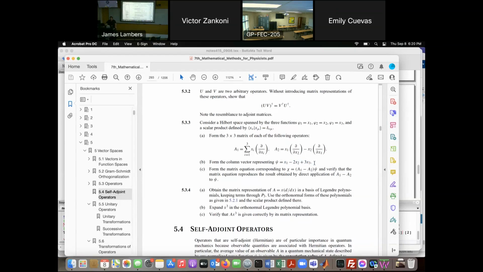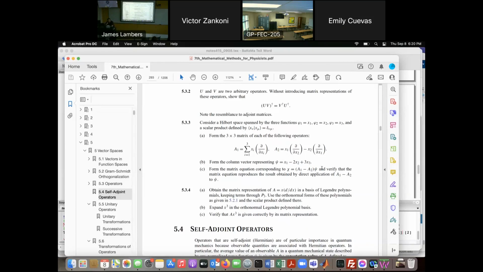And so applying the operator and getting the coefficients would be equivalent to taking the coefficients, performing the matrix-vector product, and getting the same coefficients as a result.